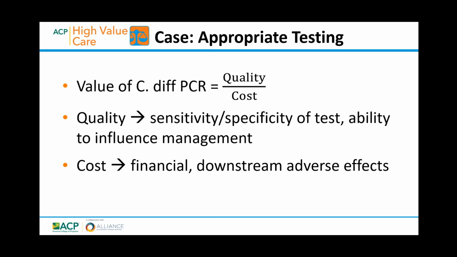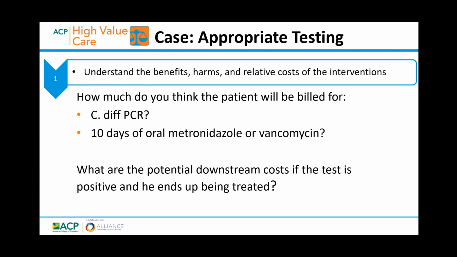Therefore, if the benefit or the quality of the test to the patient is low, then the value to the patient would likely be low. So understanding the benefits, harms, and relative costs of the intervention.